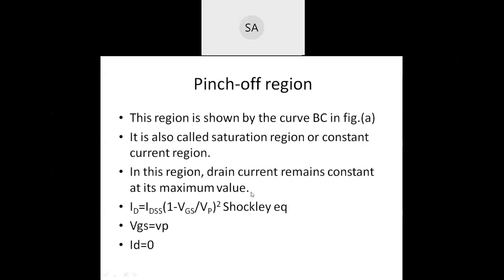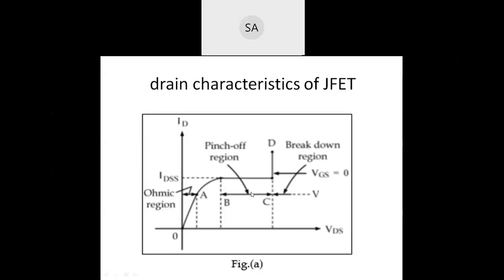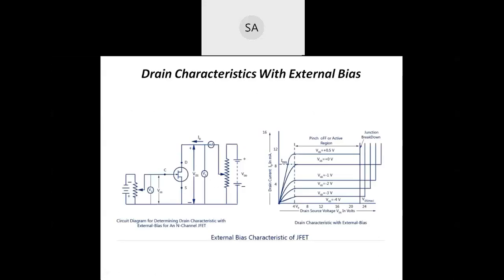From the characteristics also we can observe that. Here the first point is 4 VP, after that 3 VP, 2 VP, 1 VP, like this, when VGS is equal to VP, then the drain current becomes 0.